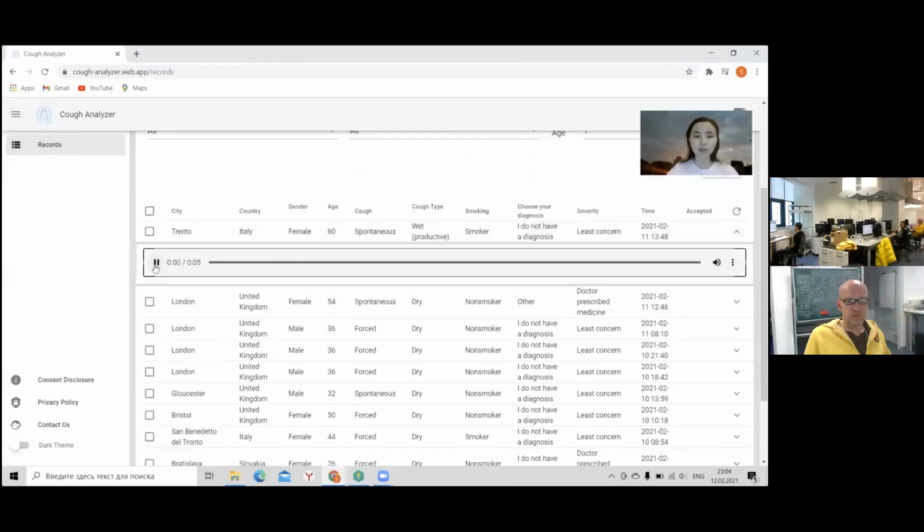So we record the sound and we analyze it. We build machine learning classifiers and collect all the data, and in future we can predict the models according to the sound and different attributes.